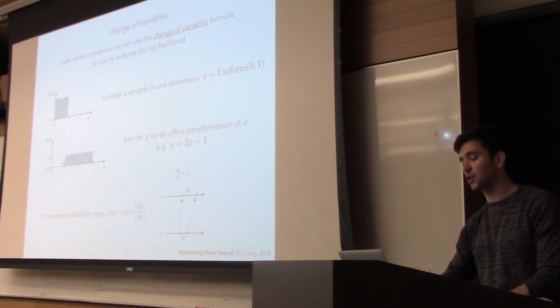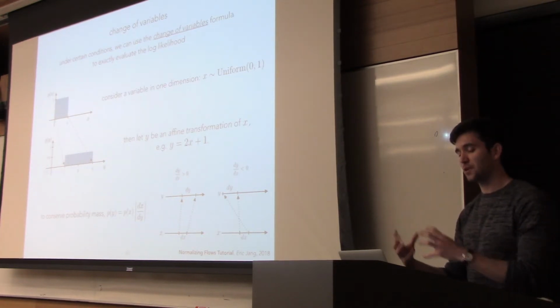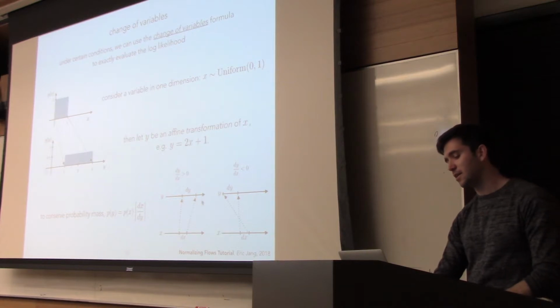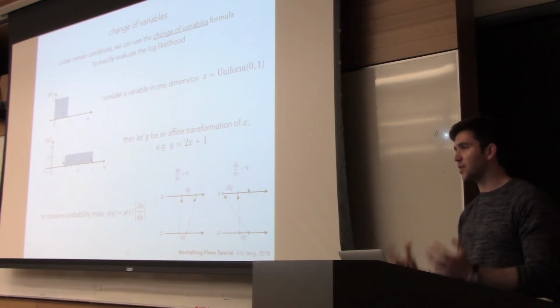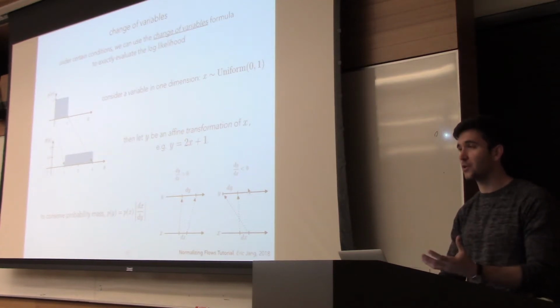Why would it be the absolute value? Well, it has to be the same amount of mass that you're transforming. So whether you had a positive area or a negative area, it still has to be positive mass. That's why you have the absolute value there.